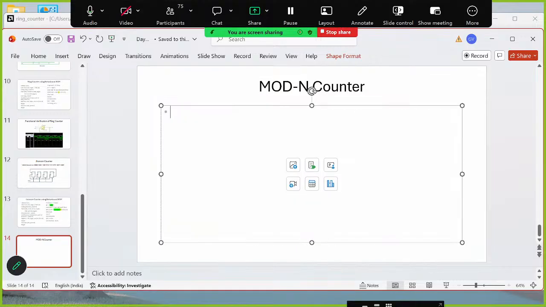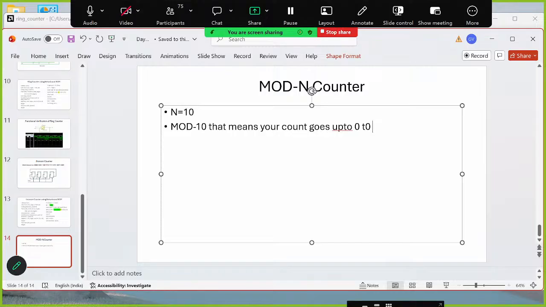Suppose the value of n is 10. That means your count goes from 0 to 9. There would be a total of 10 counts, not 0 to 10. This you have to check.